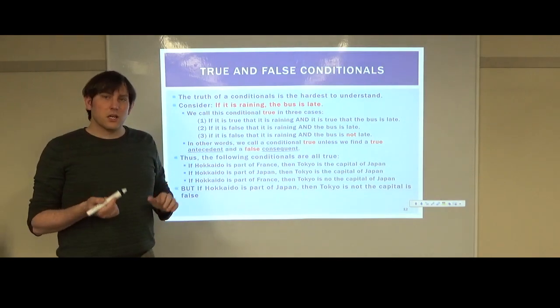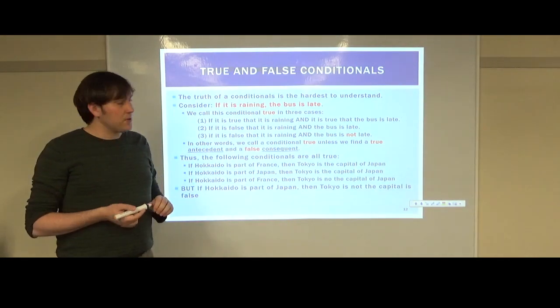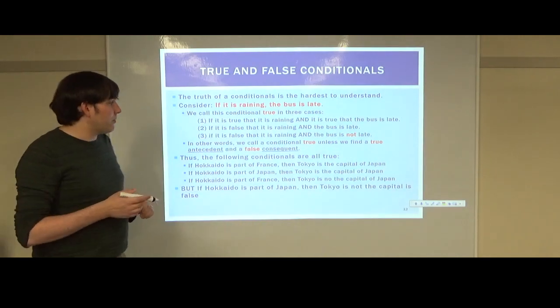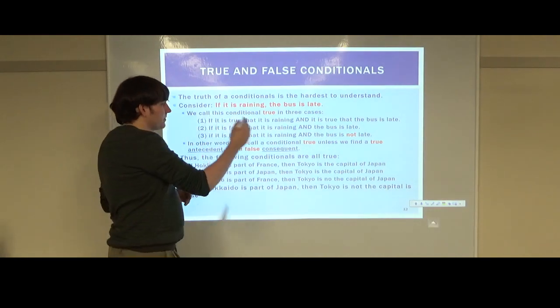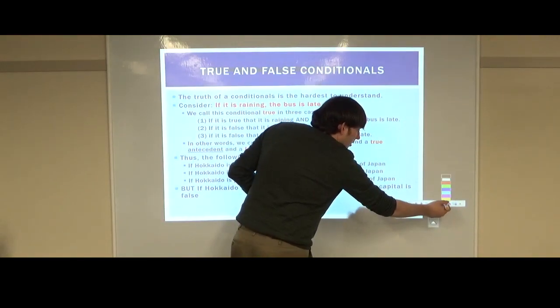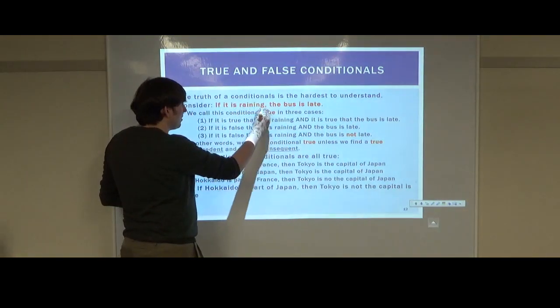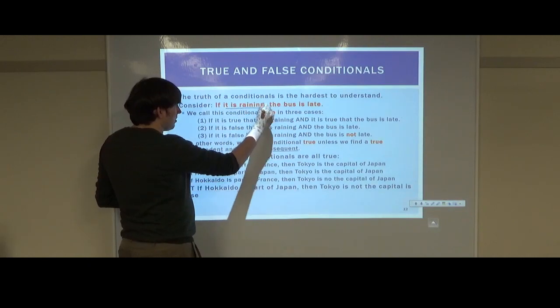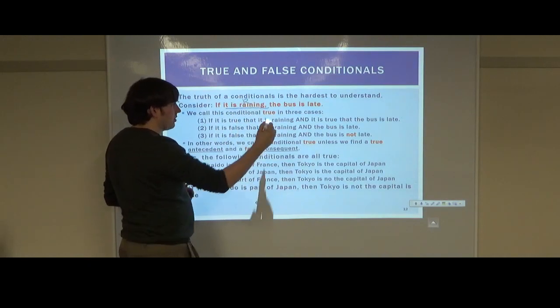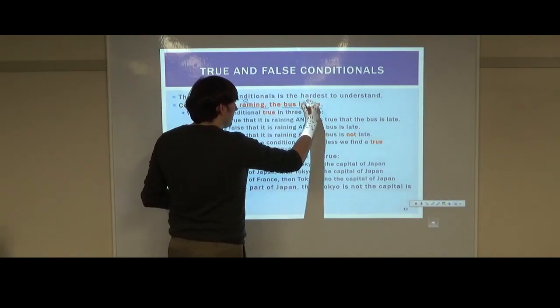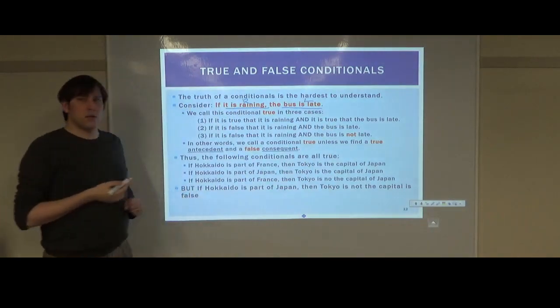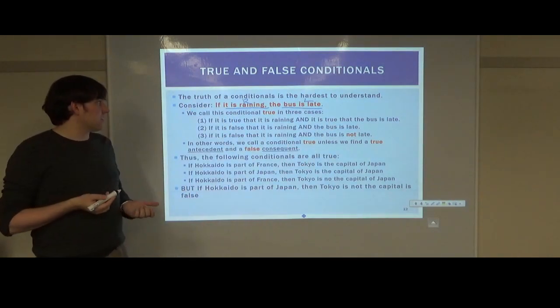So a conditional again is an if-then sentence. So if we want to think about that like our other arguments, what we're going to see is something like this. So this is going to be our left-hand side. Let's say that's R. And this is going to be L for late. So if it is raining, the bus is late.